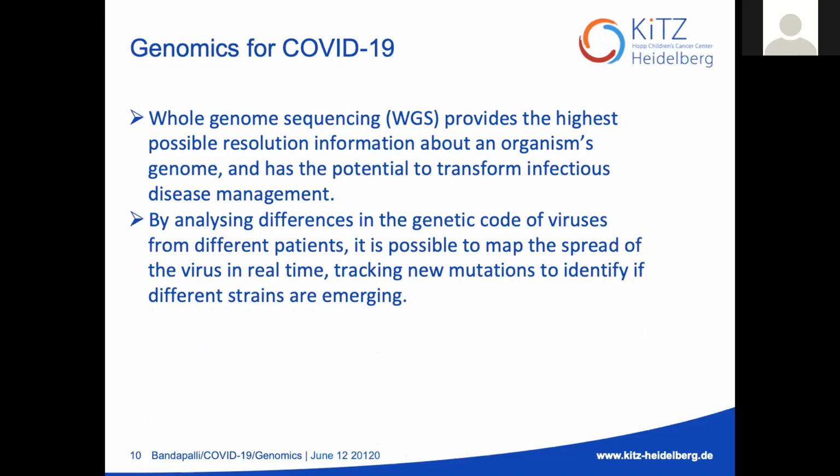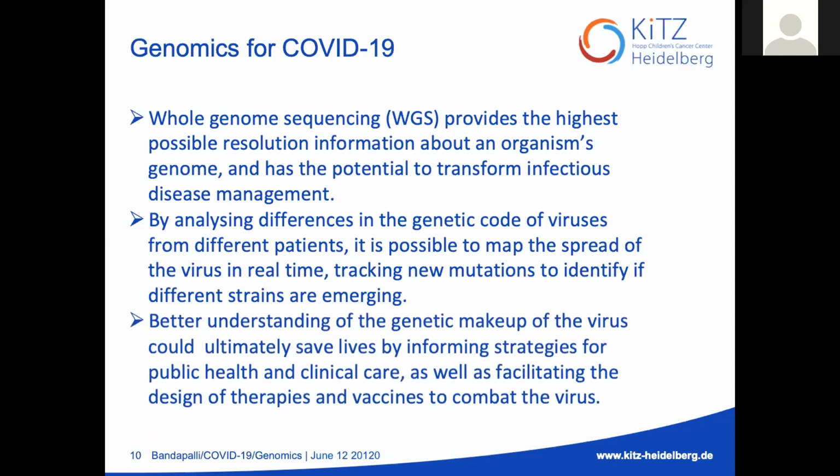By analyzing differences in the genetic code of the viruses from different patients, it's possible to map the spread of the disease in real time, with the migration and movement of people, and you can track new mutations. If the severity of the disease is changing with the mutations, or it's getting milder, you can predict it in real time and develop treatment approaches fast.